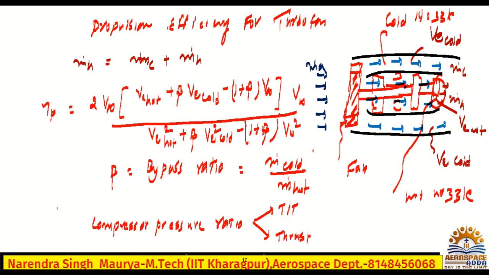So whatever the change in compressor pressure ratio, that will not affect the cold velocity. So what will happen if you increase the compressor pressure ratio? It means you are not going to burn more fuel, because TIT and thrust you can increase by burning fuel. But if you are increasing the compressor pressure ratio, even if you burn a lesser amount of fuel, you will get more TIT, turbine inlet temperature, and thrust.